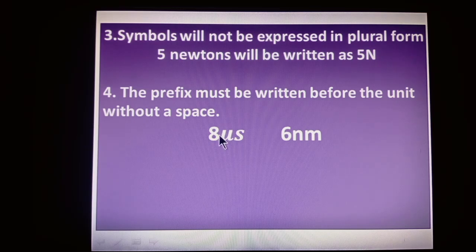Look at this unit of time, 8 microsecond. Micro is a prefix, second is the unit. So when they are written collectively, there should be no space. Microsecond. Similarly, unit of length, nanometer. Nano is the prefix, meter is the unit. So there should be no space. That is another rule to remember.